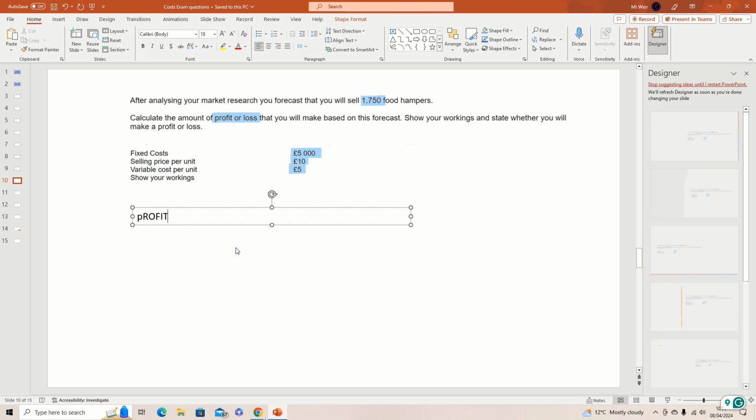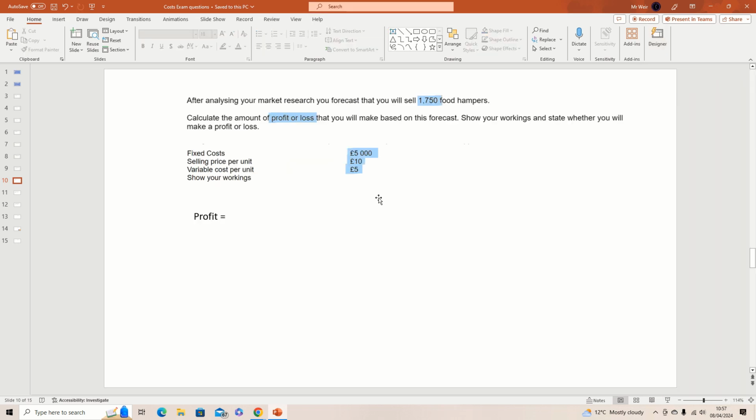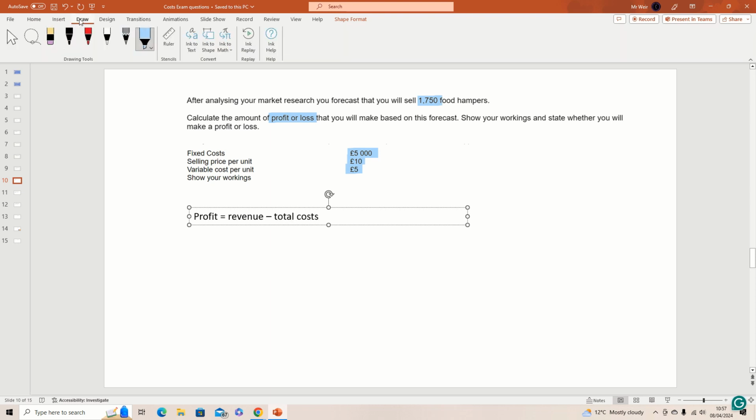So if you remember, profit is equal to revenue minus total costs. So we need to work out what the revenue is going to be and what our total costs are going to be. Otherwise we can't do this. So step by step we're going to go through that now.